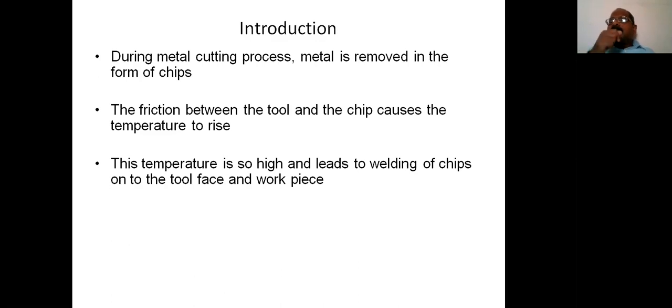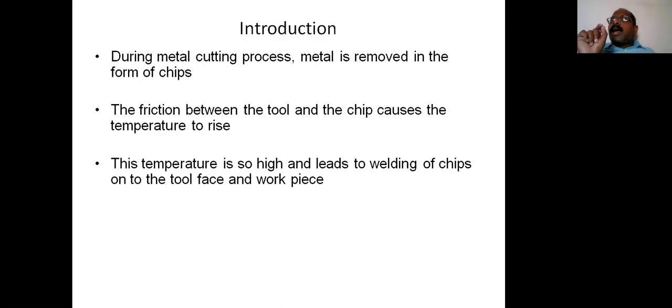The topic is cutting fluids, coolants and lubricants, but what is the need to discuss welding? Let me recapitulate. Based on the definition of welding itself, force may or may not be required, additional material may or may not be required, but if a heat source is available, joining of two metals takes place.